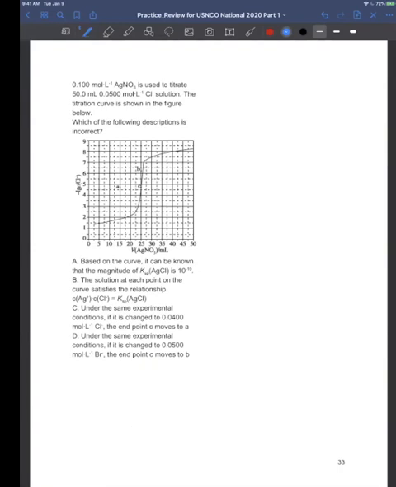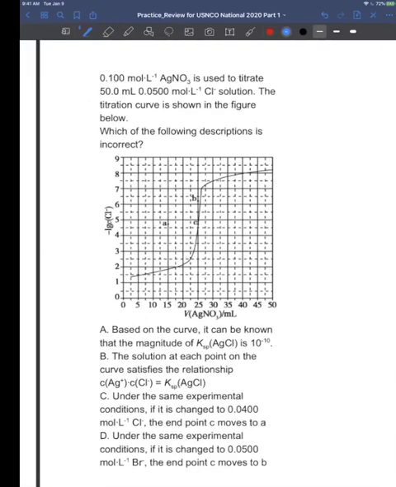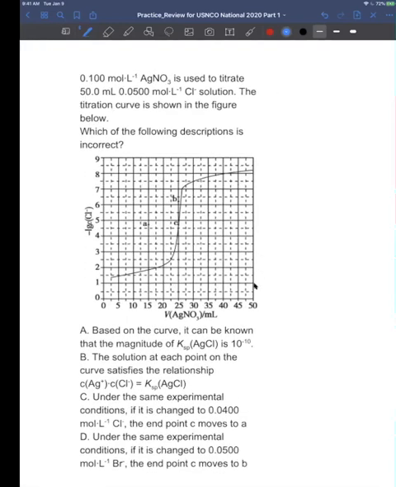Let's skip this question first. Have a look at this one. Quite similar to a past national exam part 2 question, right? The potentiometric titration, if you did that question before.